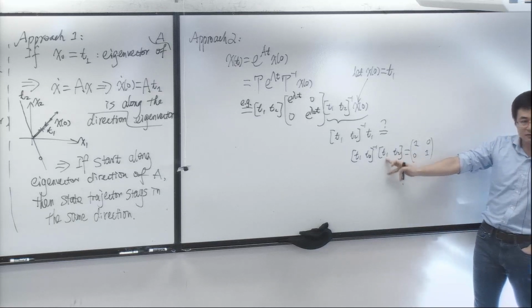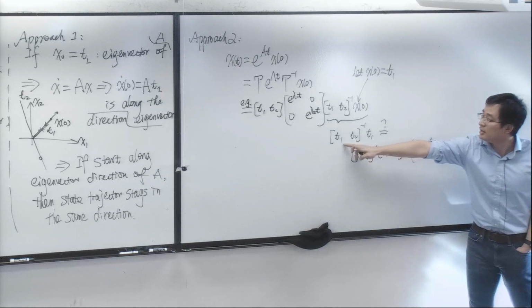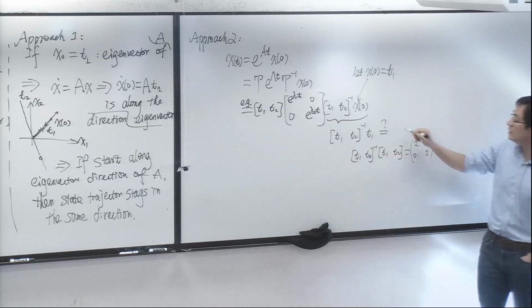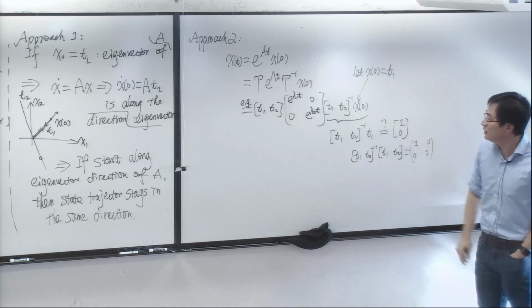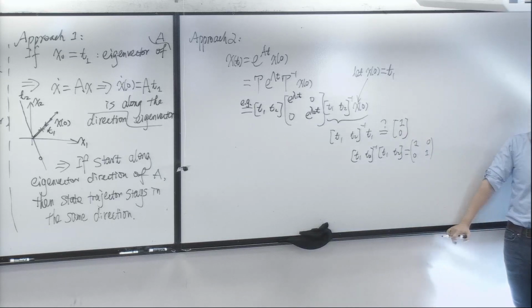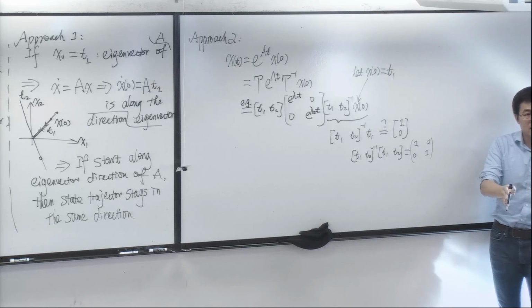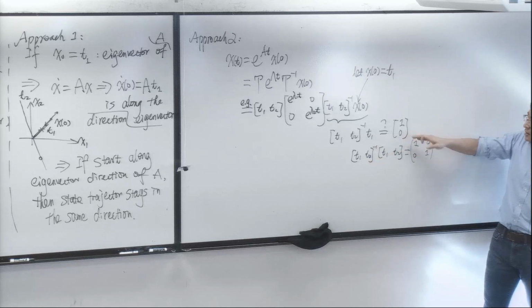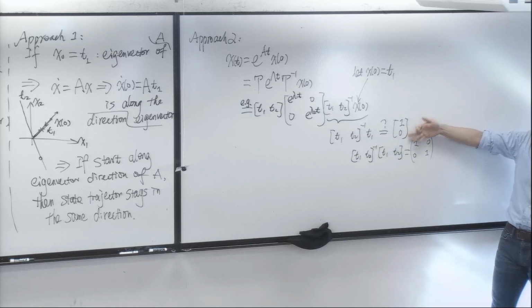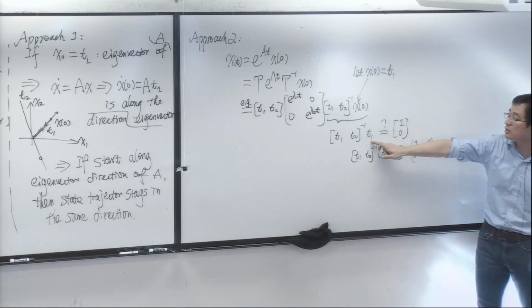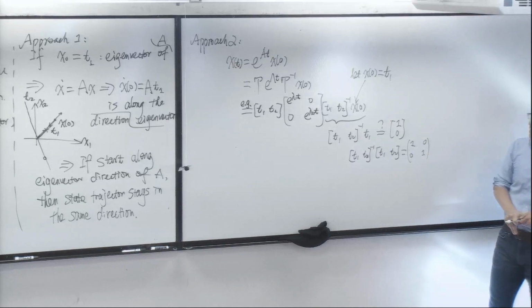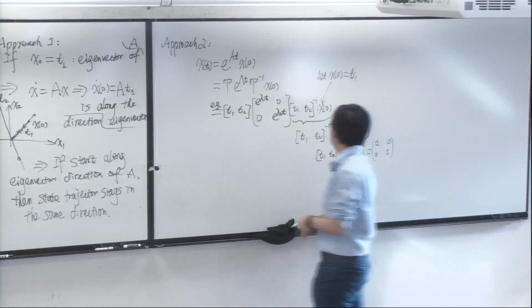If I just take a look at the first column, then this is saying T1, T2 inverse times T1 is going to be equal to this 1, 0, right? So it's a fact. If you multiply an inverse matrix to one column of this matrix, then you get column vectors that look like this, with 1 and 0. So if this is T2, then you get 0, 1. All right? So that's the first important observation.